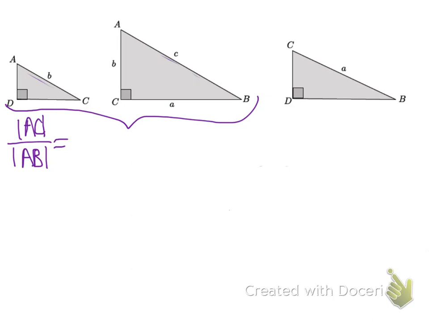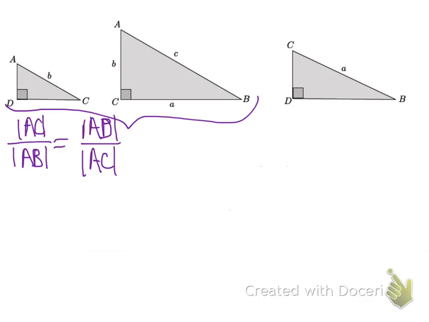Okay, and the short legs would be AD and AC, length AC. Okay, so now that we have that proportion written, I'm going to substitute the lengths that we do know. We don't know all the lengths on these three triangles, but we do know A, B, and C. And so I'm going to rewrite this proportion, putting in those numbers.